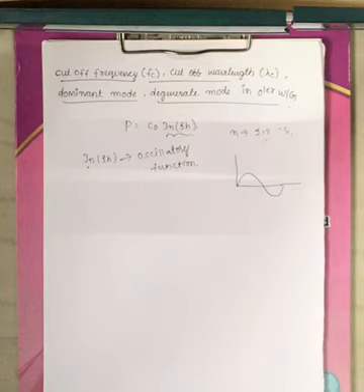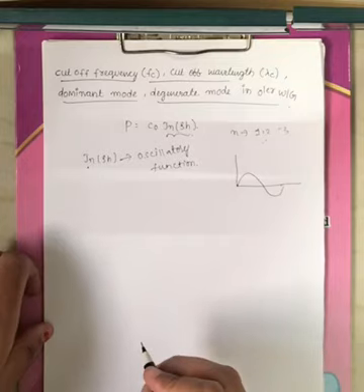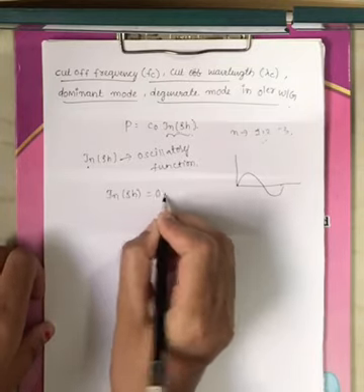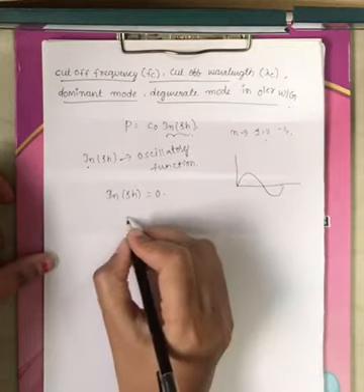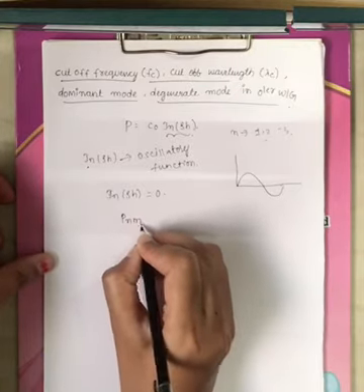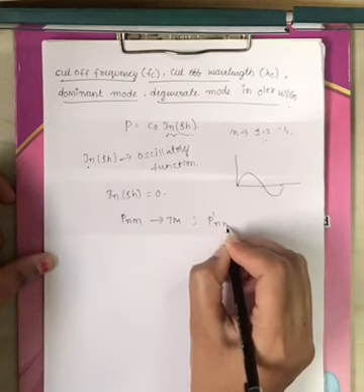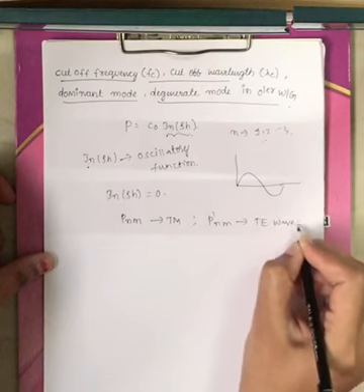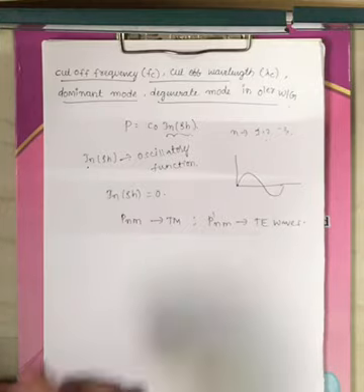For Jn of rho h equals 0, you will get infinitely many roots, and I denote those roots as Pnm for TM waves and P dash Nm for TE waves, right?